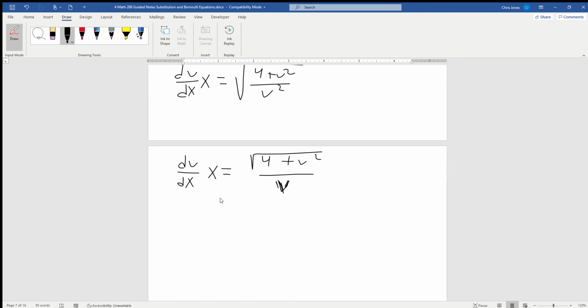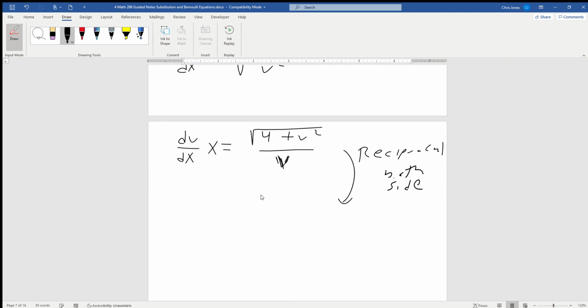So we're going to multiply both sides by the reciprocals to isolate. I'm going to multiply both sides by v squared divided by the root of 4 plus v squared. Or another way we could think of this is just take the reciprocal of both sides. In fact, that might be a little bit easier for everybody to see. And that's perfectly legal to take the reciprocal of both sides.